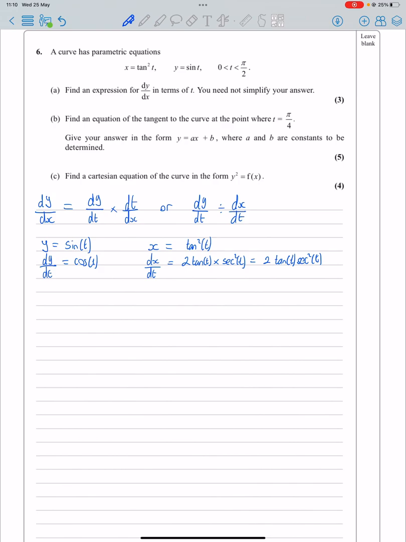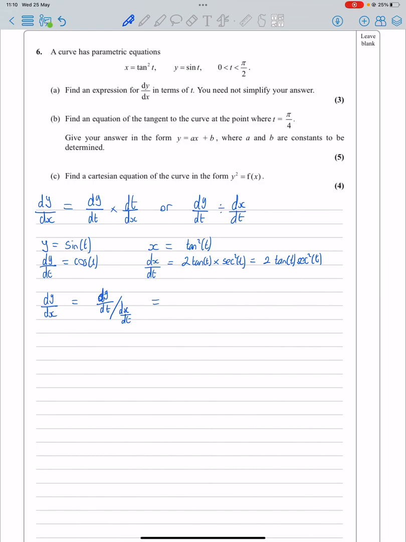Now dy/dx is essentially dy/dt over dx/dt. Let's actually write that. Apologies for the slanted line, I normally don't like these, but space is of the essence.